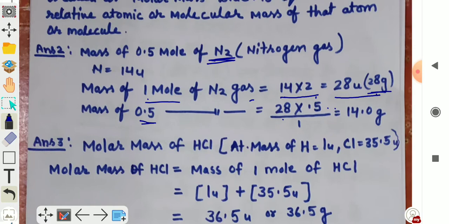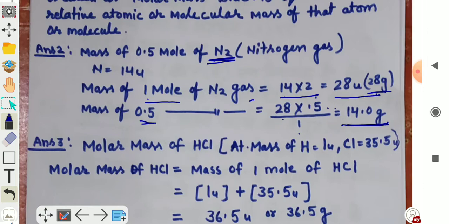So 28 multiplied by 0.5 upon 1, and this will be equal to 14 gram. So the mass of 0.5 mole of nitrogen gas will be 14 gram.